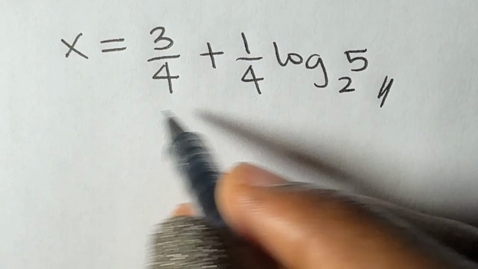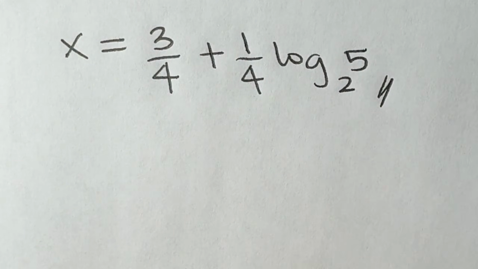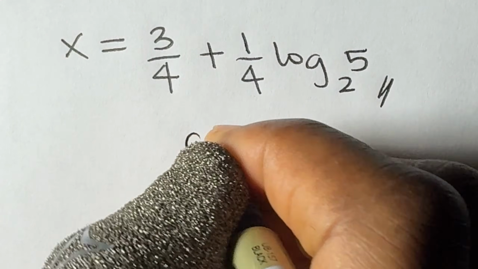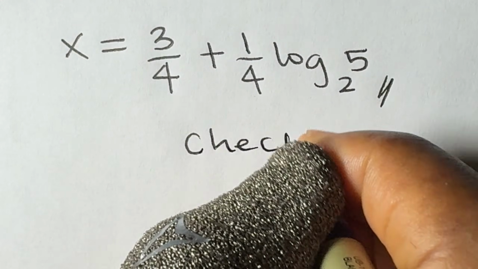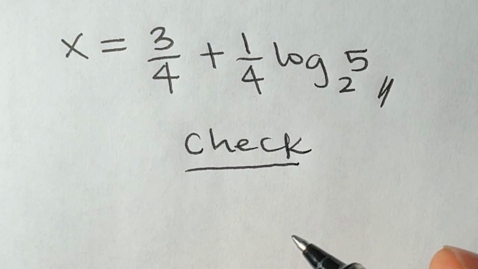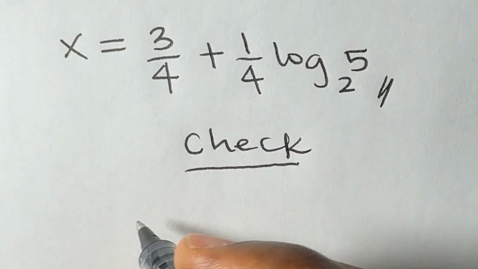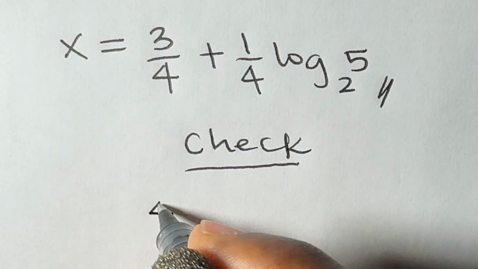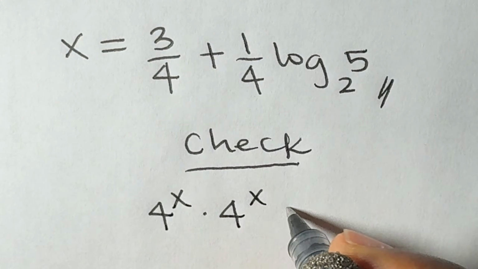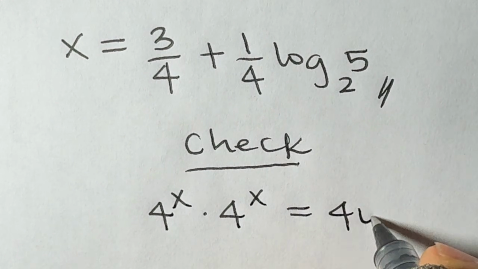So we got x is equal to all of this. Let us now check that x is correct by substituting it into the original equation. 4 raised to power x times 4 raised to power x is equal to 40.